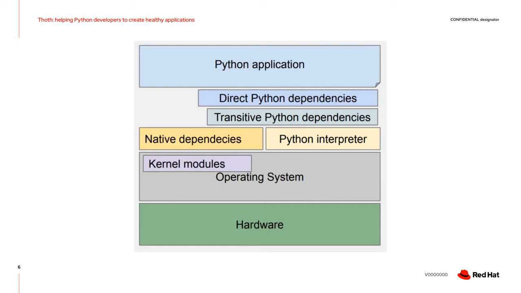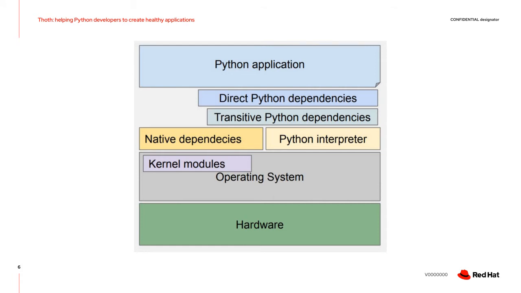As you can see, it's a pretty large stack, especially considering different versions of libraries, different versions of Python interpreters that are available, but also different versions of operating systems, native dependencies shipped with the operating system, and also the quite large variety of hardware that is available out there.